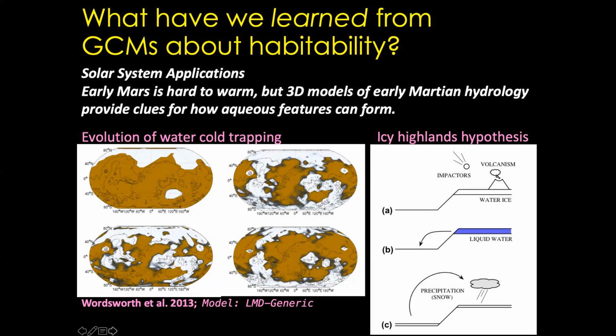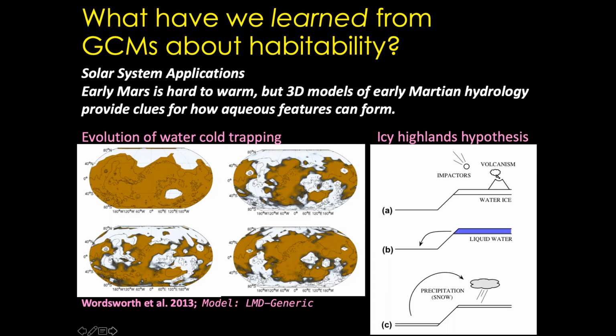This is known as the icy highlands hypothesis, shown on the right, where the water ice gets cold trapped in the highlands. Perhaps an impactor or different release of greenhouse gases from volcanism may have caused periodic melting events to let the river features form on early Mars.